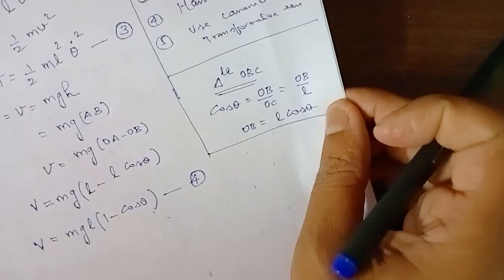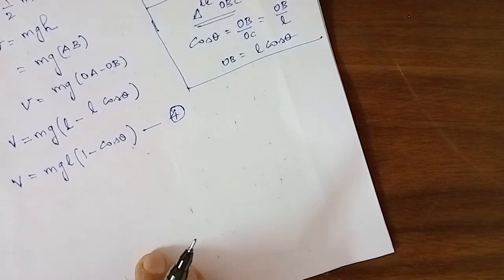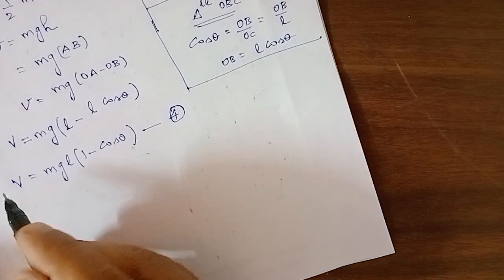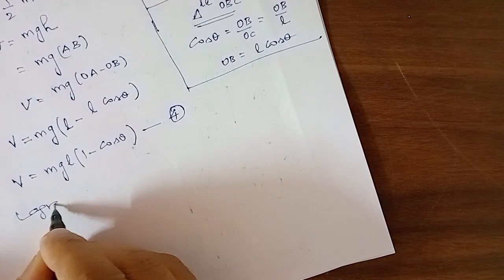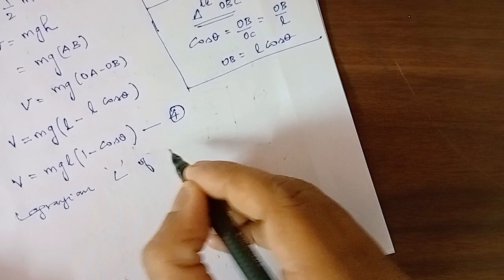Okay. Right. So V is equal to m g L times 1 minus cos theta. Now we want to calculate the Lagrangian L of the system.